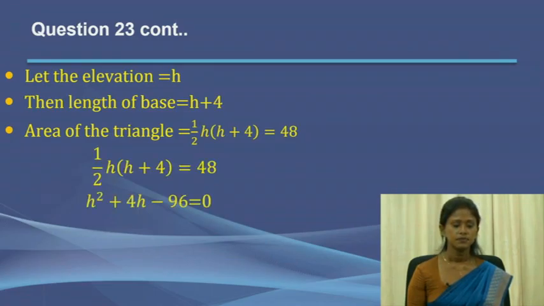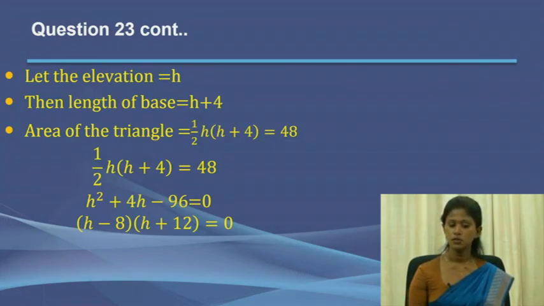By solving this equation, we come across a quadratic equation like h squared plus 4h minus 96 equals 0. Here we have to do the factorization in order to find h. So (h minus 8)(h plus 12) is equal to 0. So h minus 8 is equal to 0 or h plus 12 is equal to 0.